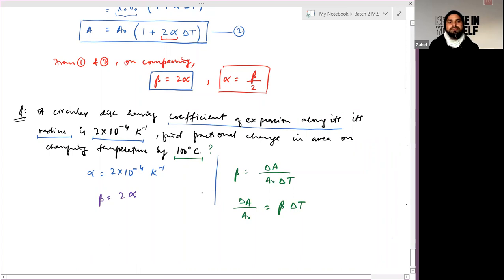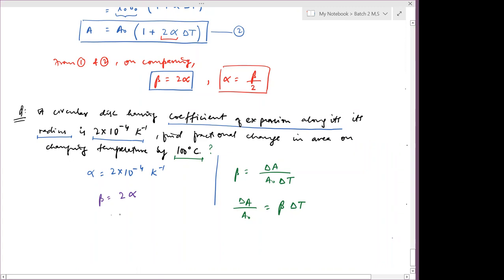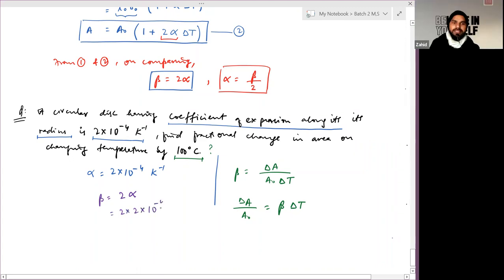Okay, Aisha? So alpha is 2 into 10 to the power minus 4. So you may write 2 into 2 into 10 to the power minus 4. So this will become 4 into 10 to the power minus 4. Is it clear? Yes, sir.